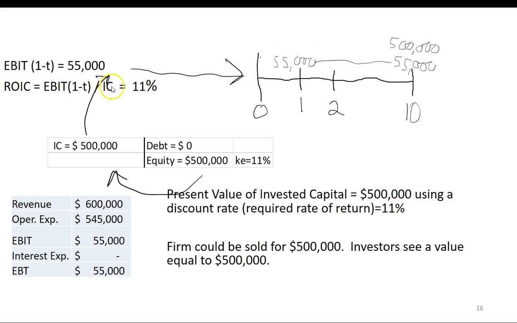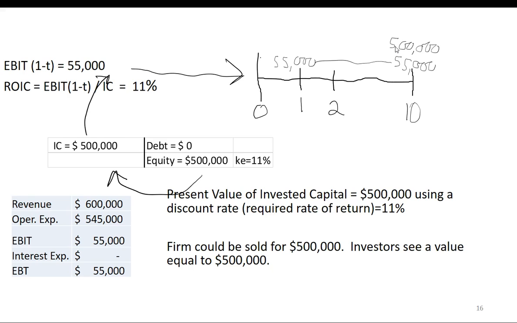If you have a required rate of return, a cost of equity of 11%, what is the firm's value? So to do that, you need to take the present value of the 10-year annuity and the present value of the terminal value at year 10.